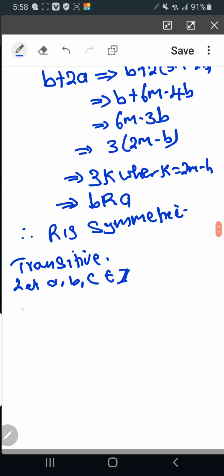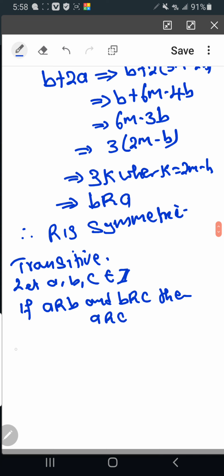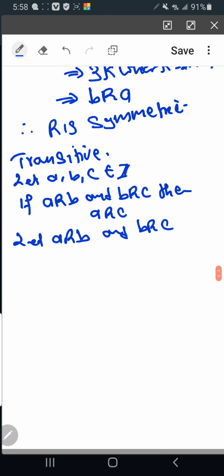The transitive property says if a relates b and b relates c, then a relates c. So let us have it that a relates b and b relates c. We want to use this now and show that a relates c.